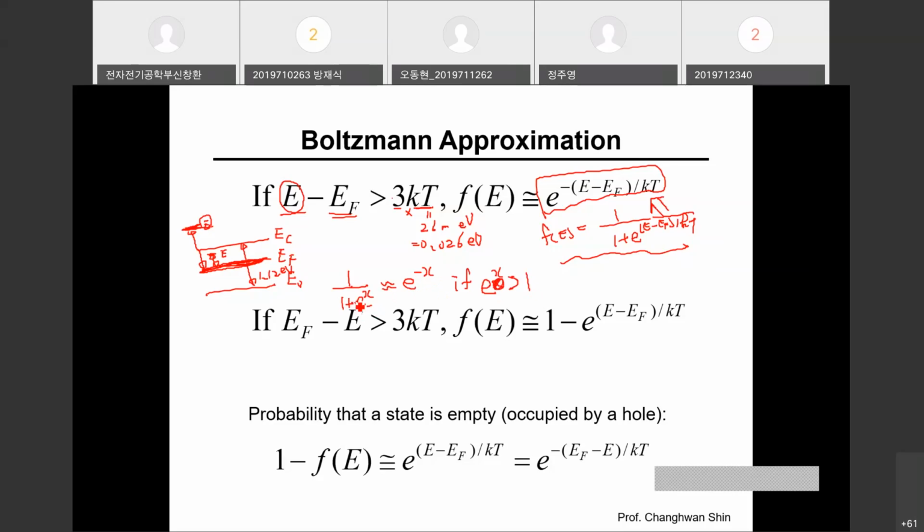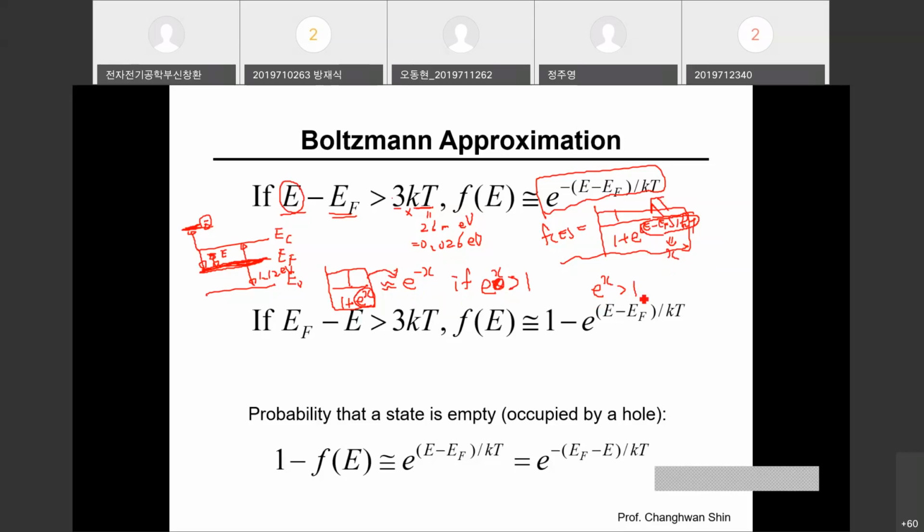So if this term exponential to the x is higher than 1, then this whole shape can be rewritten approximately as exponential minus x. Going back to the Fermi function here again, E minus EF over kT corresponds to x, right? So exponential x is higher than 1.